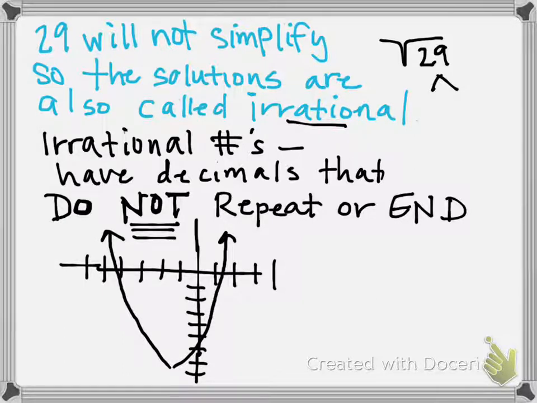Irrational numbers have decimals that do not repeat or end. So when you look at the graph, it means that it will not touch the x-axis at a whole number, so it will touch at a decimal.